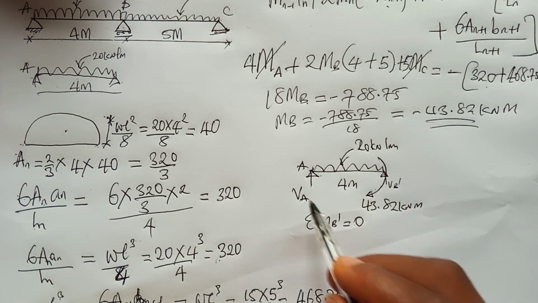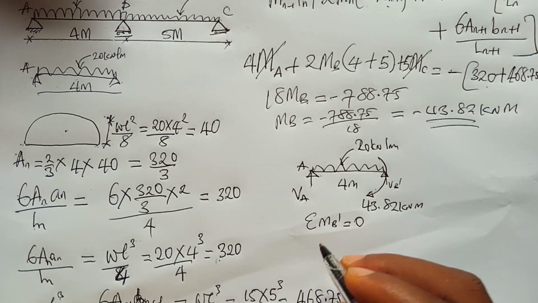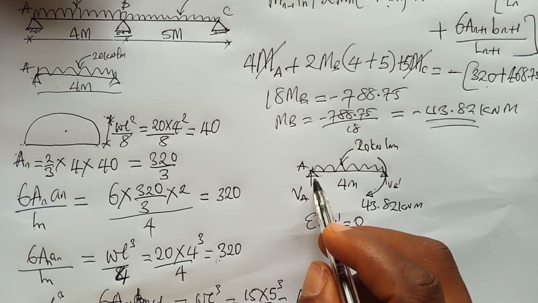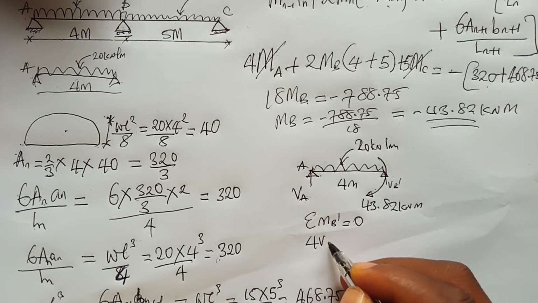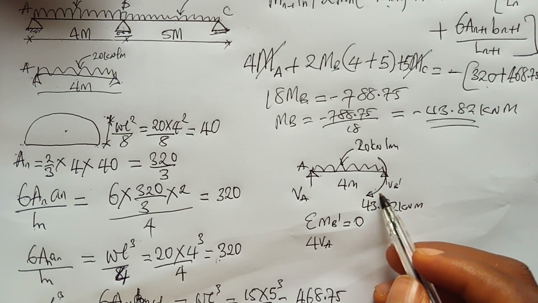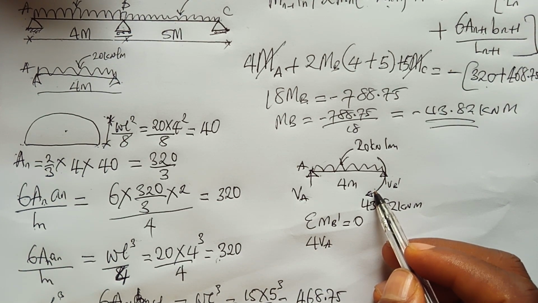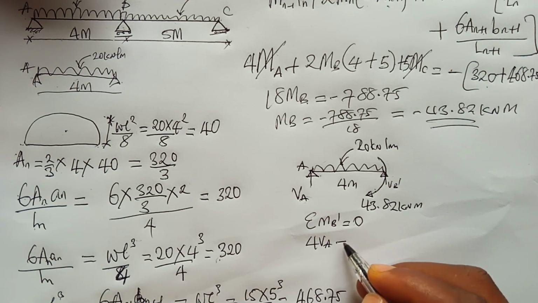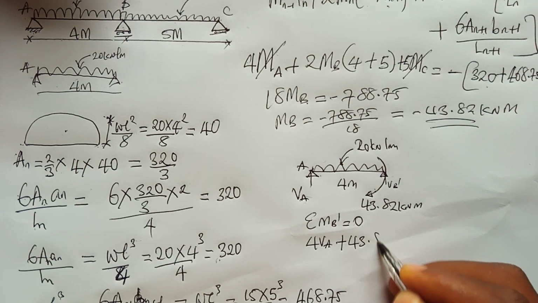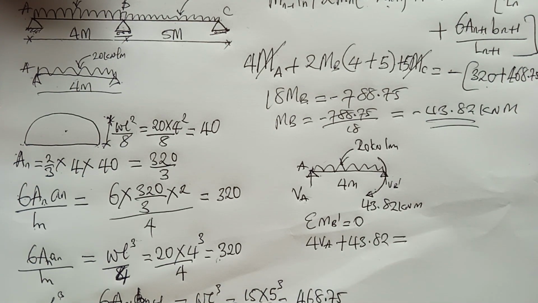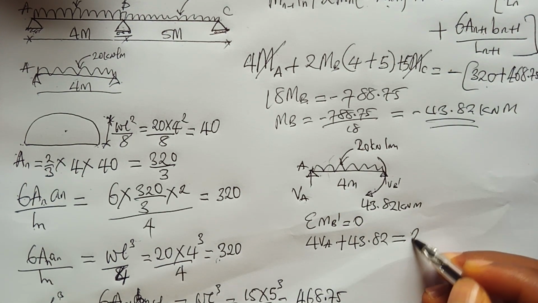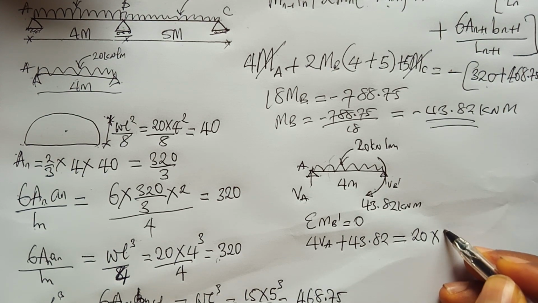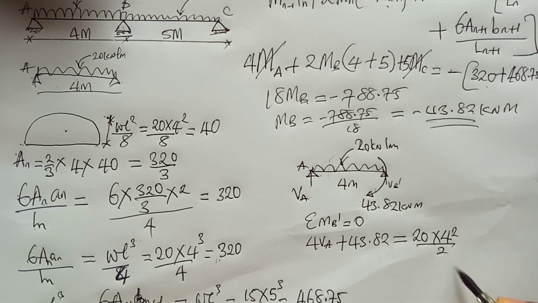If I take a moment here, this VA will move in a clockwise direction, covering a distance of 4 meter. 4 meter multiplied by VA is 4 VA. Then this moment is also turning in a clockwise direction, so we add it. We have 43.82 equal to the one that will move in anti-clockwise direction, and this UDL will move in anti-clockwise direction, and that is 20 multiplied by 4 squared over 2.